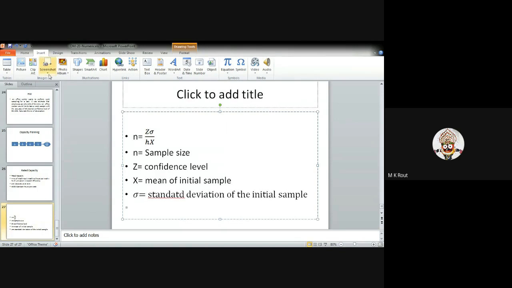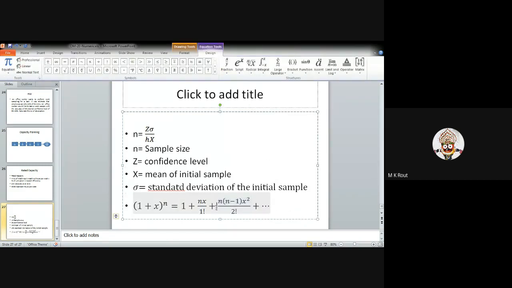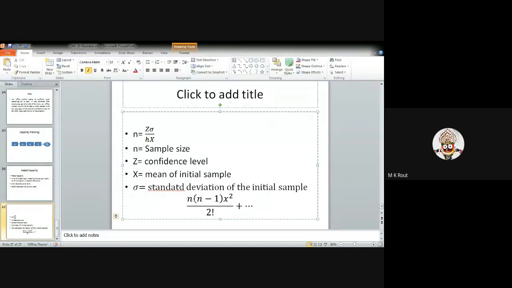And the next one is sigma by X bar, which is the coefficient of variation.